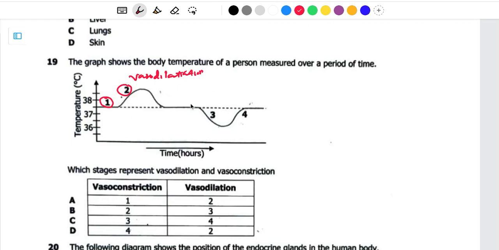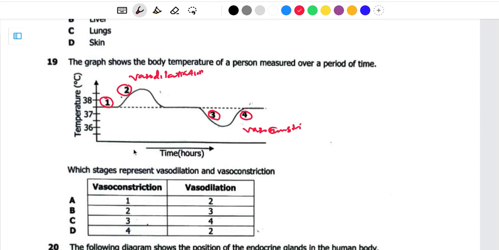Then 3 and 4 represent vasoconstriction, where the blood vessels constrict. During vasodilation, the blood vessels appear on the skin. During vasoconstriction, the blood vessels do not appear on the skin, in order to prevent the loss of heat. Here there is loss of heat, here there is prevention of loss of heat. So here there is vasoconstriction.